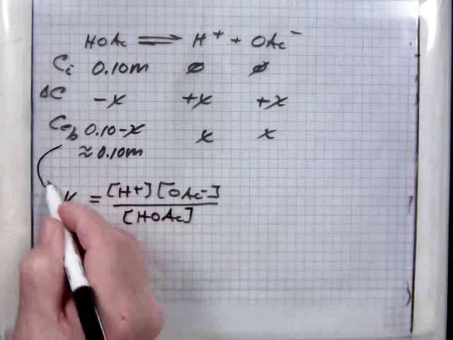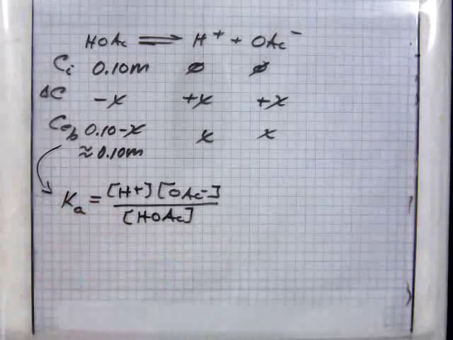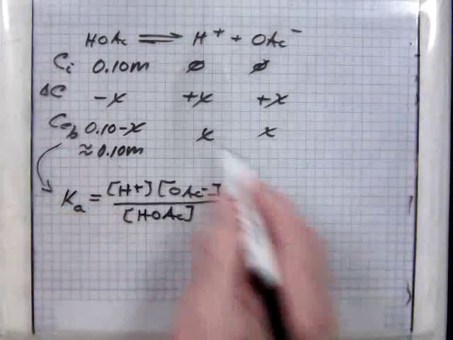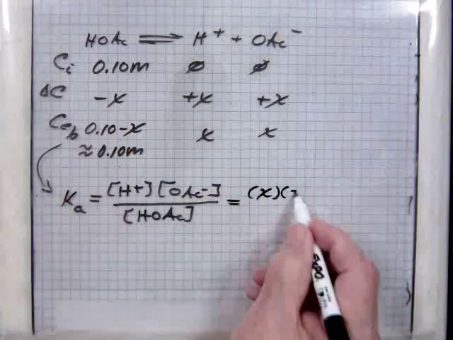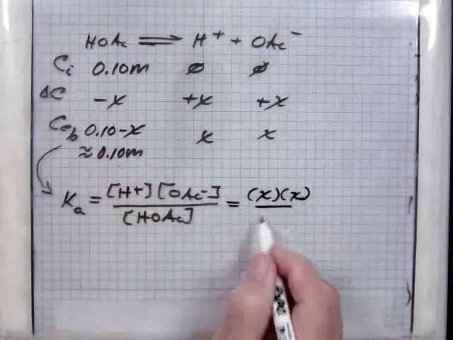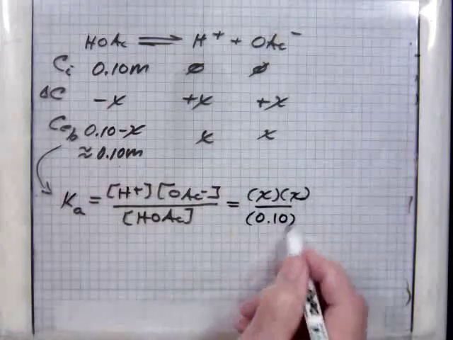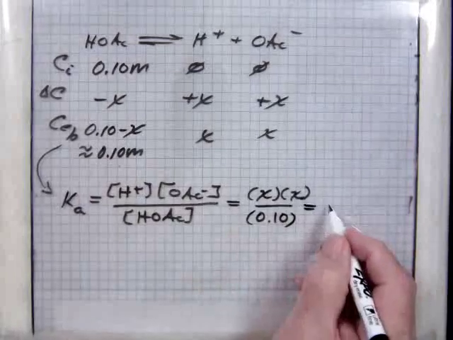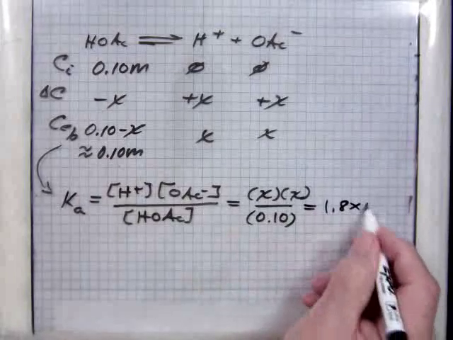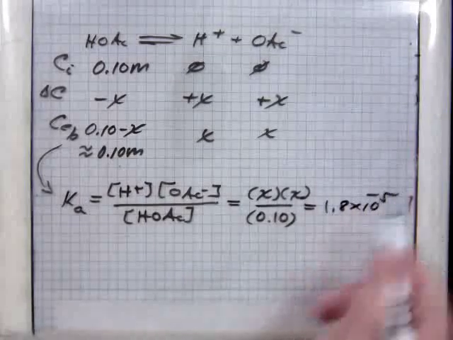And we insert the equilibrium row into this expression, and that gives you x times x divided by 0.10, and that's equal to the Ka, 1.8 times 10 to the minus 5.